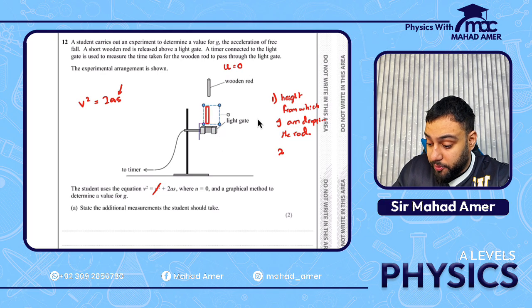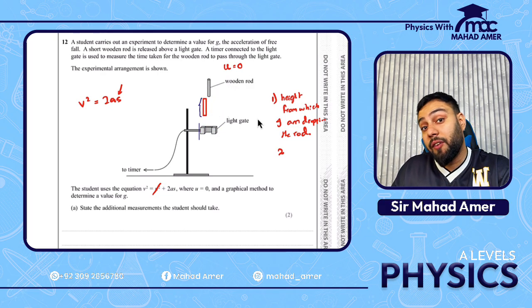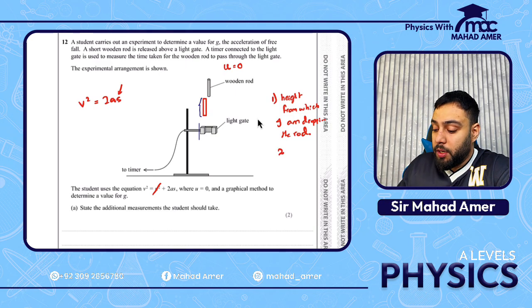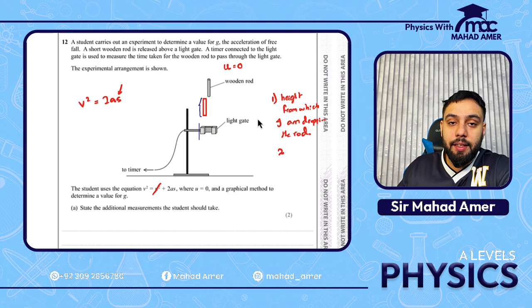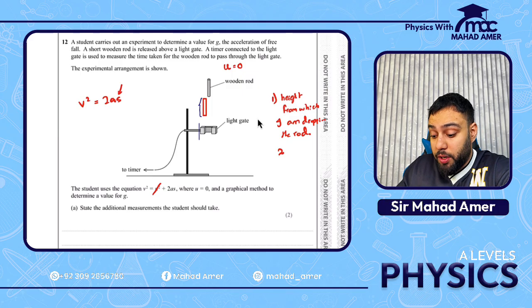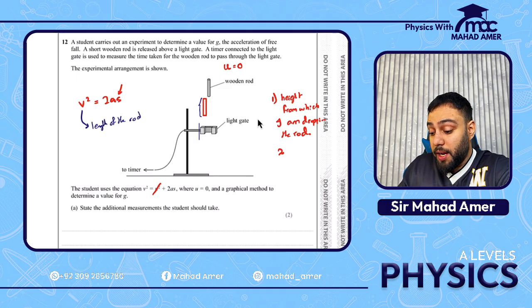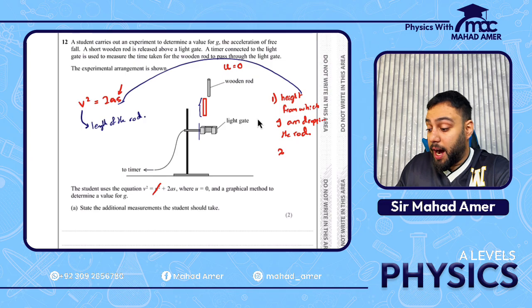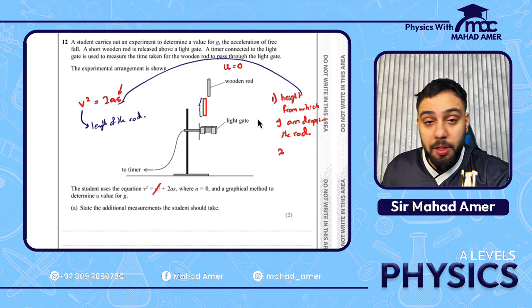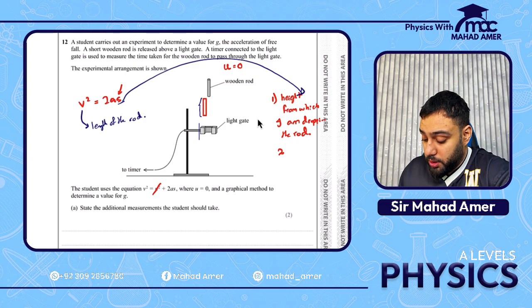If I divide that value by the time, we can easily get the final speed. So for v, I would need the length of the rod, and for s, the height from which I'm dropping the rod.